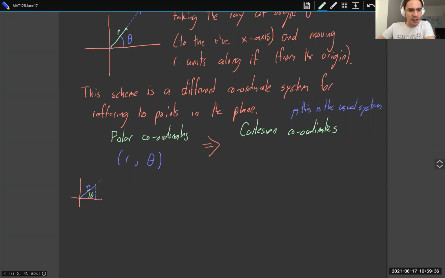So what is the height of this triangle? If the hypotenuse is r and this angle is theta, then what is this side?